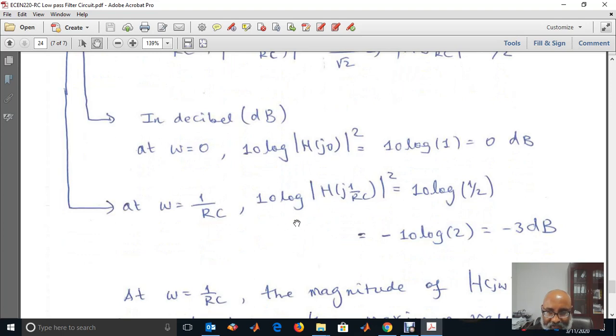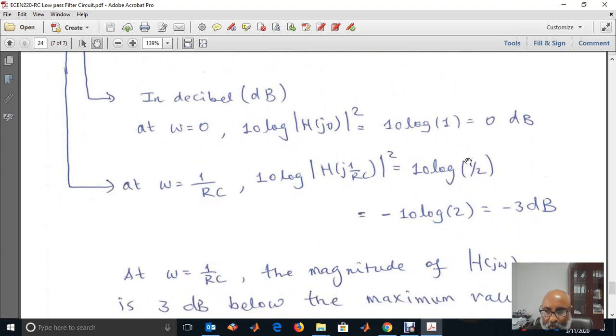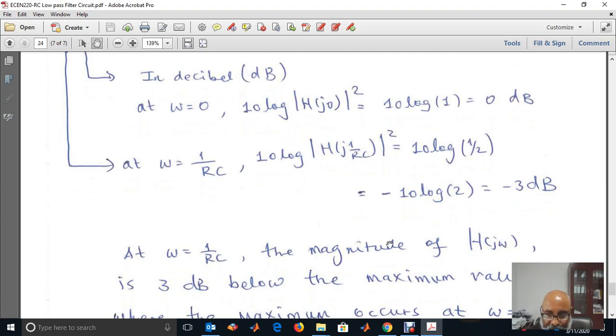At omega 1 over RC, 10 log of 1 over 2 is minus 10 log of 2, which is minus 3 dB. So the value at omega 1 over RC is 3 dB below the value at omega 0. So we call this the minus 3 dB frequency, or cutoff frequency.